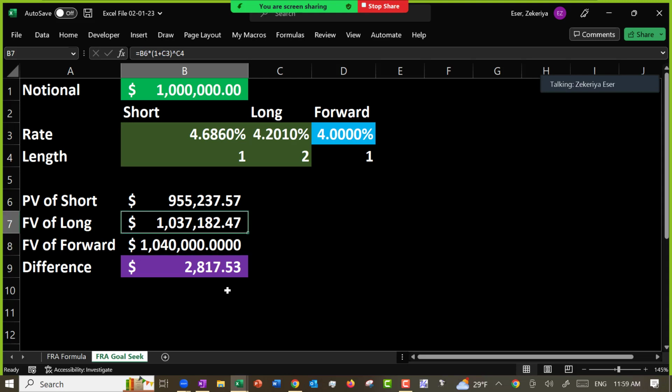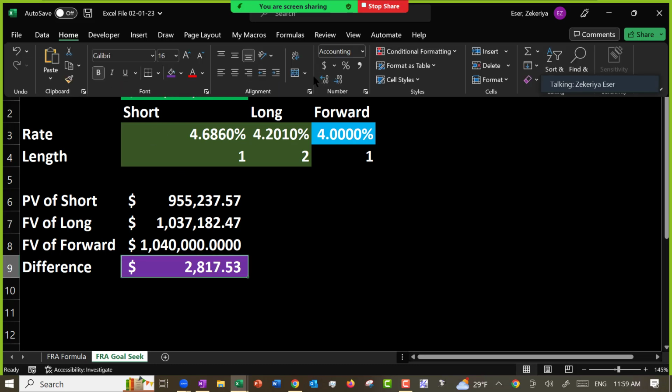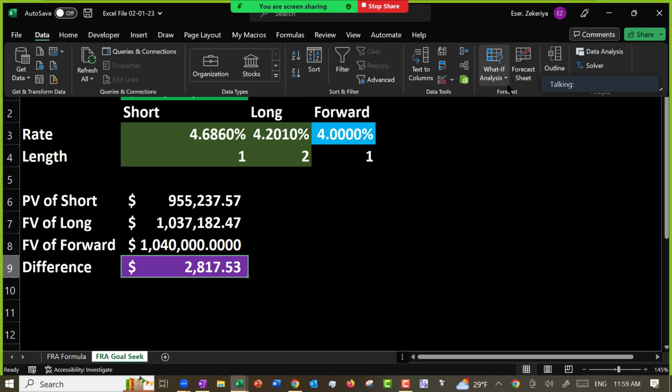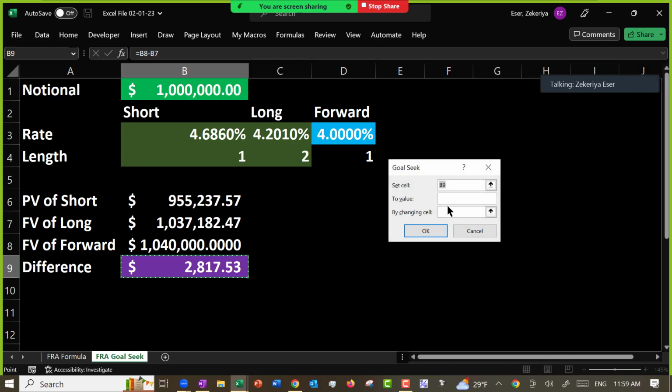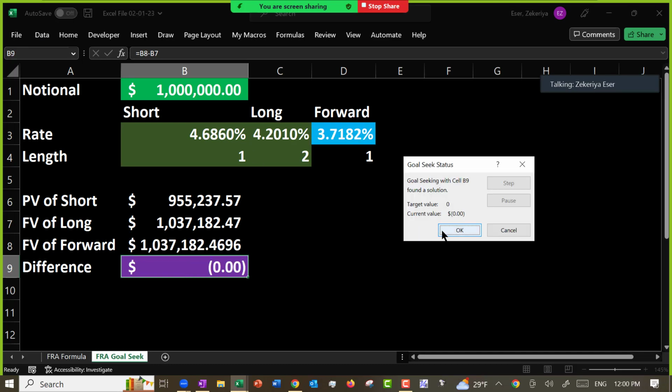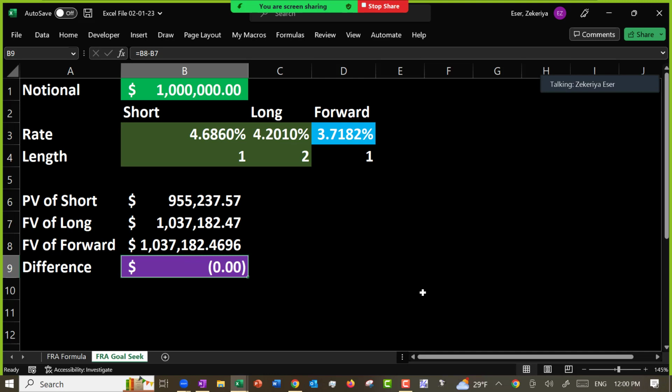This is how much you're going to pay if you do it the poor man's way using the money market, since they need to be the same number. Goal seek to 0 by changing that one. And it should not be any surprise to you that they are indeed exactly the same.